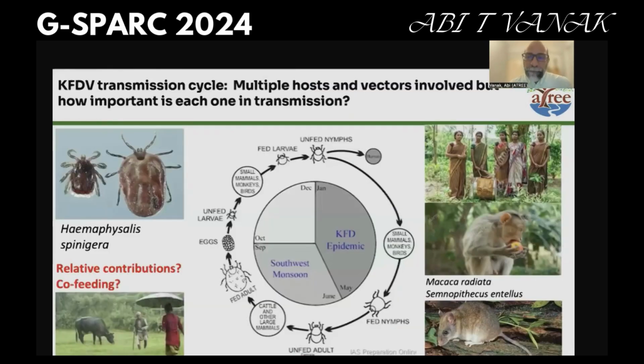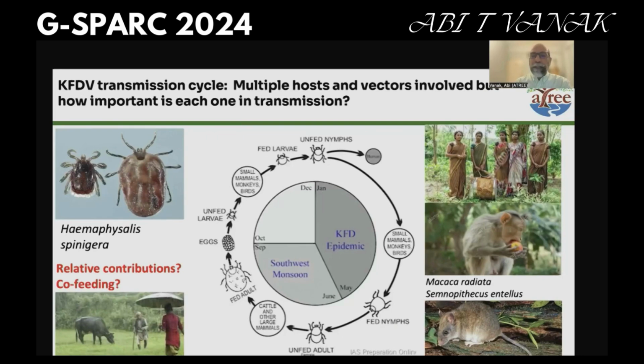Several ticks have been implicated as transmission vectors. There are several things that we still don't know about the contribution of various small mammals and other animals in the transmission of this disease. We also don't know what human factors affect the risk of contracting this. So we shall examine some of these.